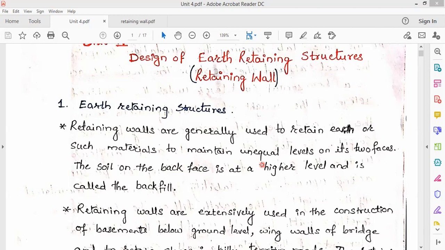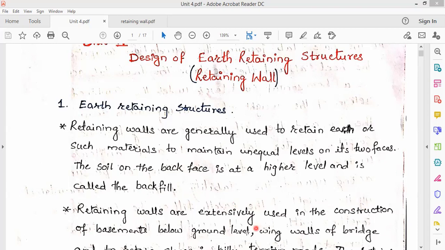Here the soil is the material which applies force on such structures, and the soil on the other side of the retaining wall is called backfill. The backfill is at the higher level, and it may be perfectly horizontal or it may be inclined.